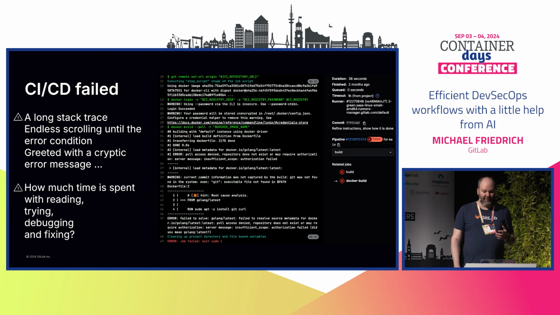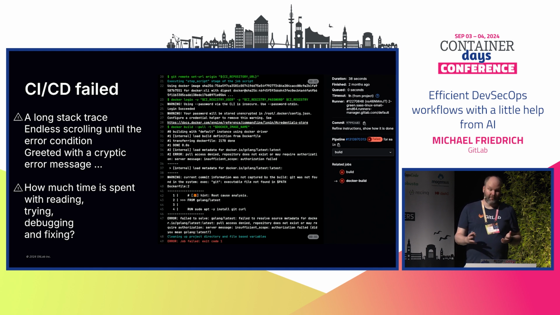The problem here is oftentimes you have a stack trace. It's endless. Sometimes there's a hint in the logs hidden somewhere. So in this example, it tries to pull a Golang image using maybe a wrong tag or something like that, but it's not immediately visible, except if you're an expert in that area.